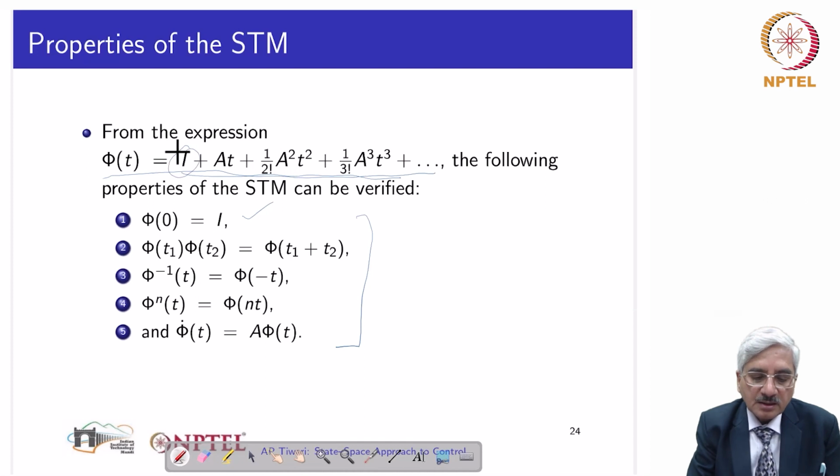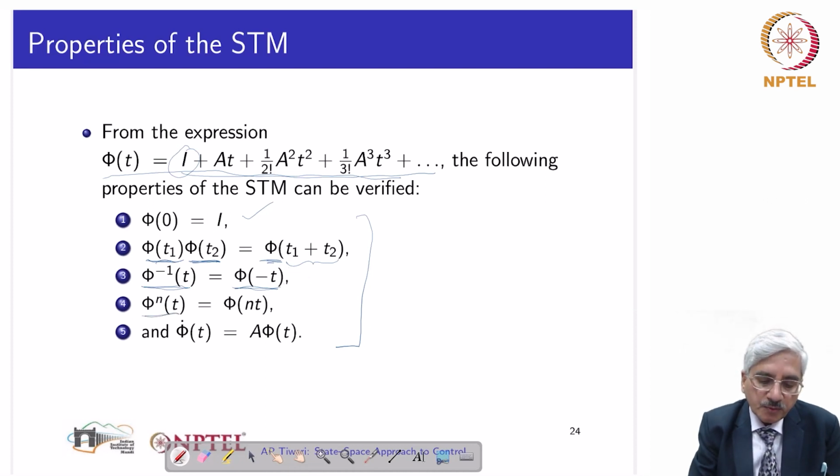We can see that the product of the STM evaluated at T1 and the STM evaluated at T2 is equal to the STM evaluated at T1 plus T2. We can also prove that the inverse of the STM evaluated at time t is the same as the STM evaluated at time minus t.